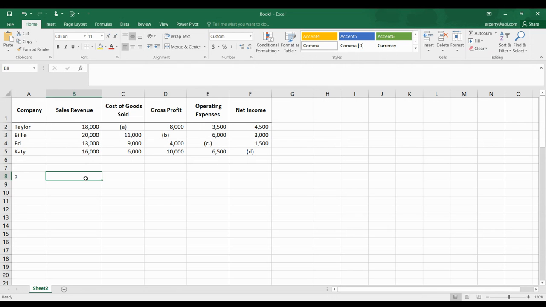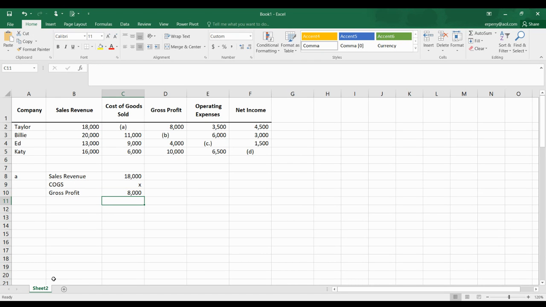If I think back to my multi-step income statement, I know that my sales revenue minus my cost of goods sold, COGS, gets me to my gross profit. And so we have sales revenue of $18,000. Our unknown is cost of goods sold, and we have gross profit of $8,000.